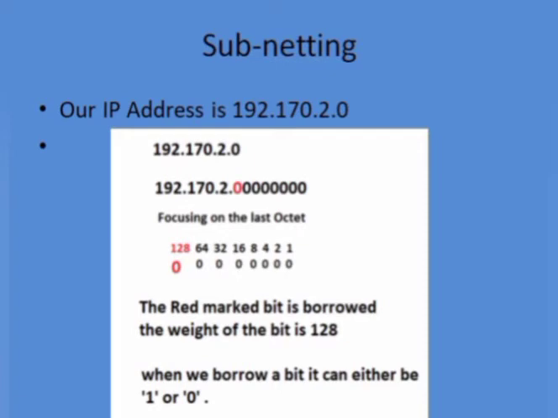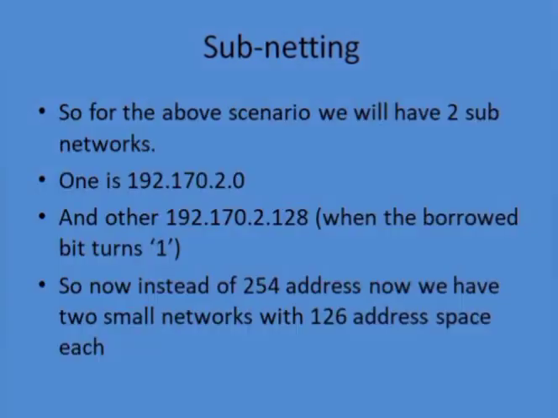So by borrowing this bit, we can have two subnets. One will be 192.170.2.0 when this bit is 0, and the other possibility is that the red bit is 1. In that case, the second subnet will be 192.170.2.128, since if it is 1, the value of this bit is 128.